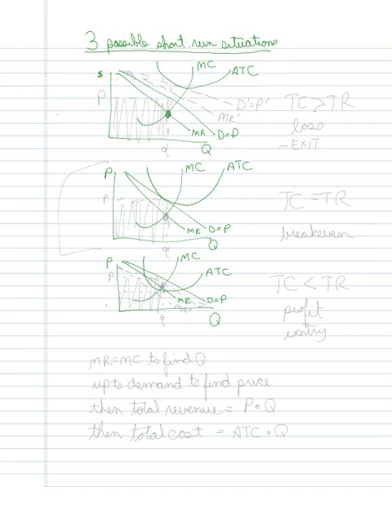So MR equals MC to find the quantity, and then up to the demand curve to find the price.